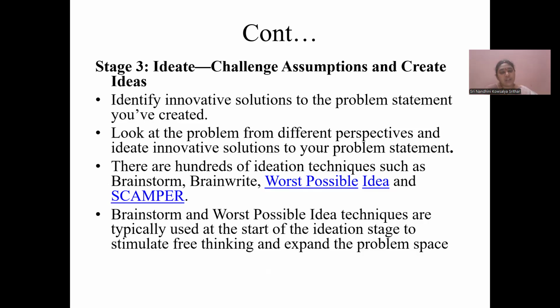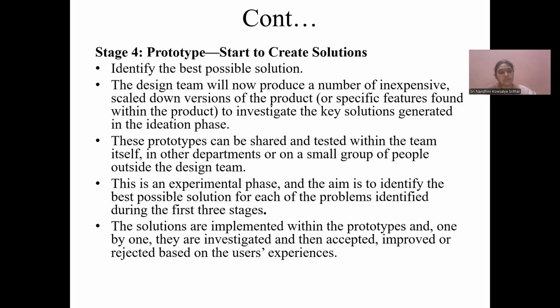There are hundreds of ideation techniques such as brainstorm, brainwrite, worst possible idea, and scramble. These are some examples of ideation techniques. Brainstorm and worst possible idea are typically used at the start of the ideation stage to stimulate free thinking and expand the problem space.